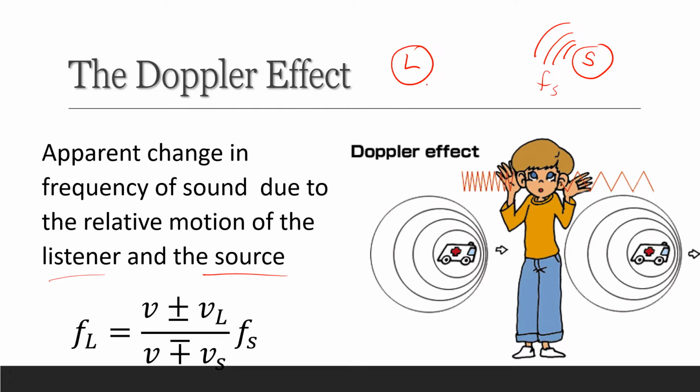Now, when the listener and the source of the sound are not moving, then the frequency heard by the listener is just equal to the frequency emitted by the source. But when these two are moving, say they're moving towards each other, or away from each other, and so on, then the frequency heard by the listener is not equal to the frequency emitted by the source.